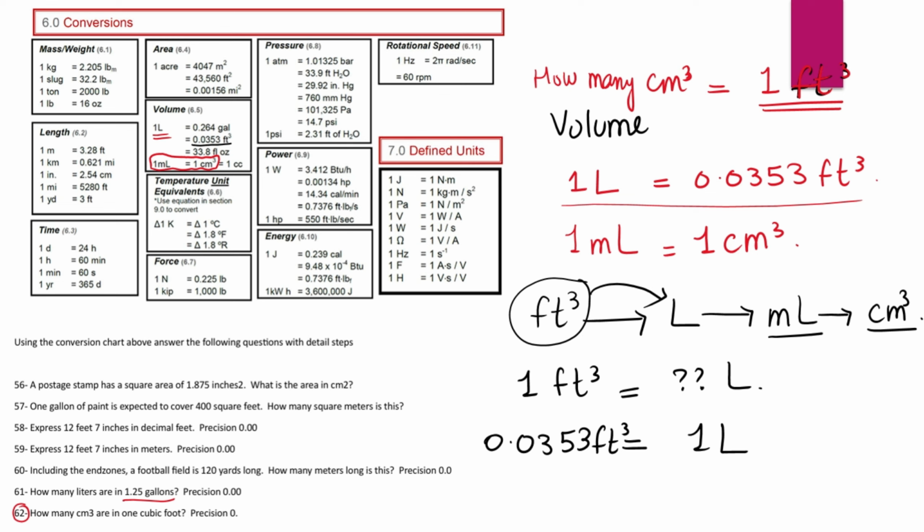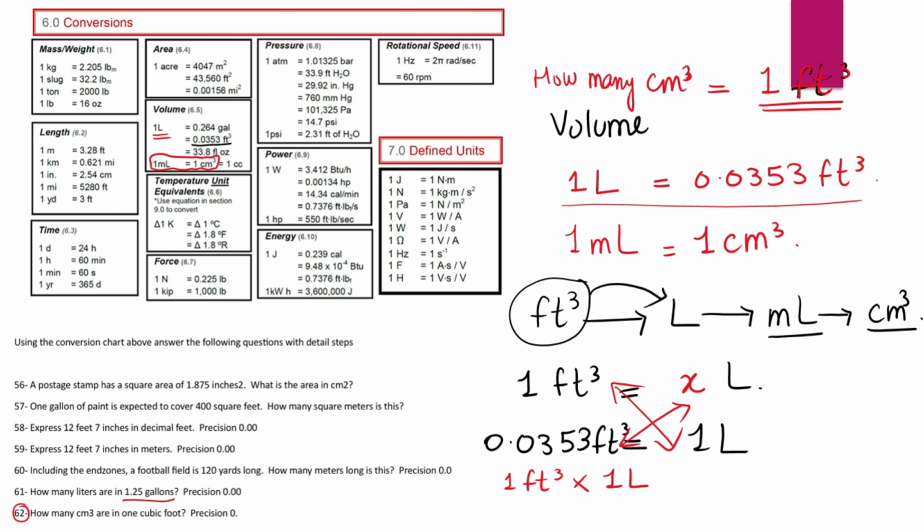By using this conversion you can find the value in liters, by doing the cross multiplication now. Let's say I do the cross multiplication. I will get 1 feet cube multiplied by 1 liter. For the question mark I am writing x.